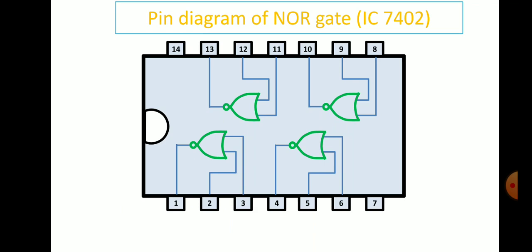So, this is the pin diagram for the NOR gate, the IC 7402. Usually for a NAND gate, 1 and 2 are inputs and 3 is the output, but for the NOR gate, 2 and 3 are inputs and 1 is the output.